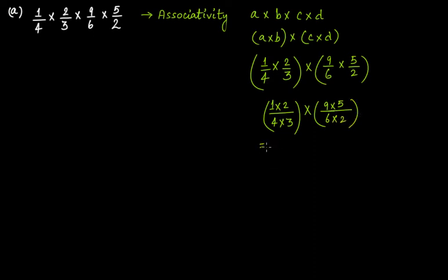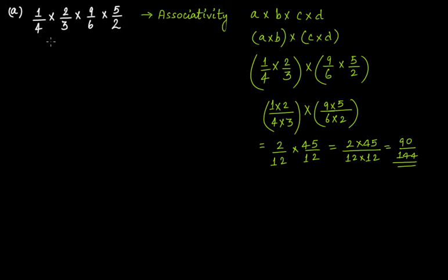So solving this, we get 2 over 12 times 45 over 12. This gives you 2 times 45 and this is 12 times 12. You get 90 over 144. Right? So this is the answer when we follow the associativity path.